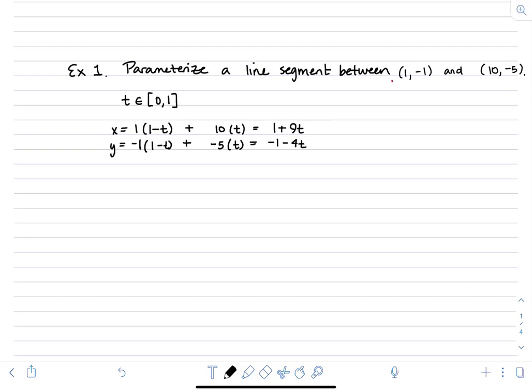Okay, and then making sure to just write our parameter value. There's our parameterization.